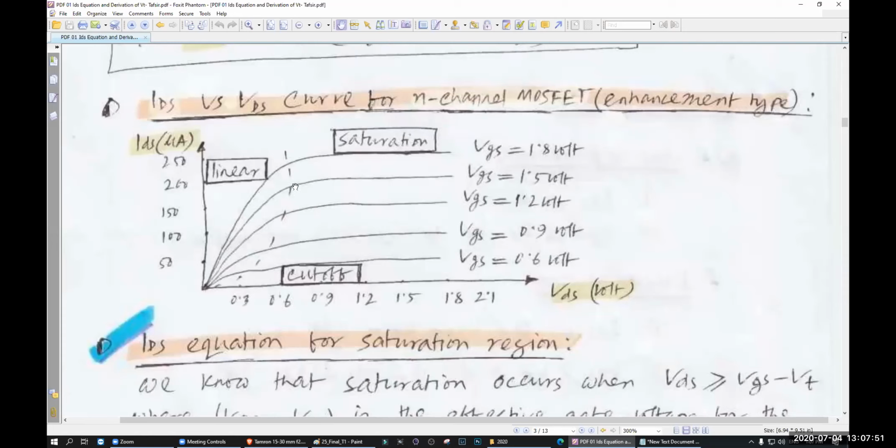Nothing will happen, right? Because the current will remain straight. Previously, we have seen if we increase the VDS, current increases, right? Now the equation changes. So if you increase the VDS, current will not change. Current will remain fixed. So that's why you have three equations, one for cutoff, one for linear, another for saturation.